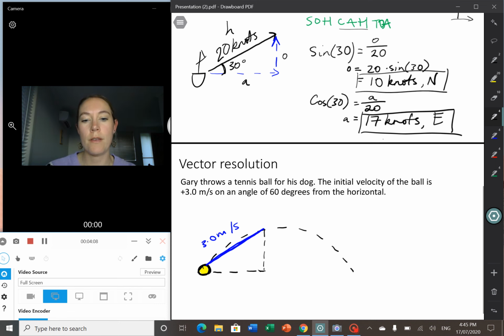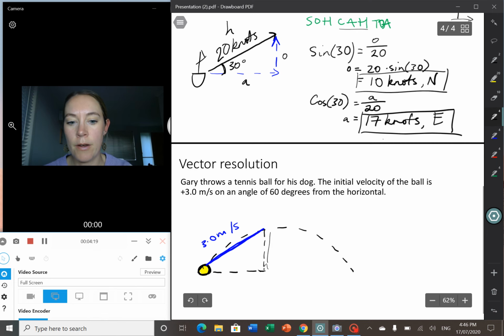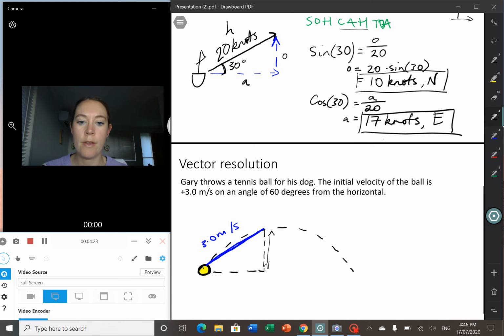Something that is important to remember here that can be a little bit confusing, we're working with the velocity vector. So when we find the length of this side of the triangle, we have not determined the height of the ball at the top of the throw. We have found the speed of the ball travelling in an upward direction. It's important just to remember that.